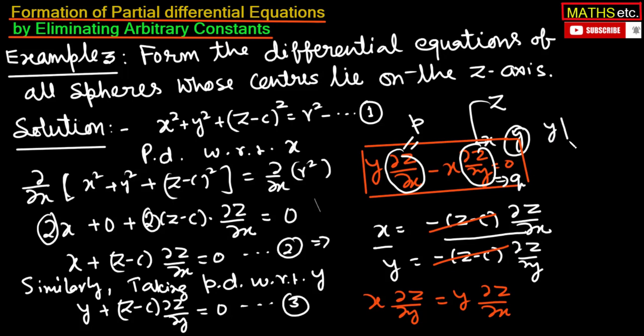So this becomes yp minus xq equals 0. So we can write this differential equation in either form, either in terms of the partial derivatives or in terms of symbols p and q. So in this video, with the help of 3 examples, we learned how to form partial differential equations by eliminating arbitrary constants. Thank you.